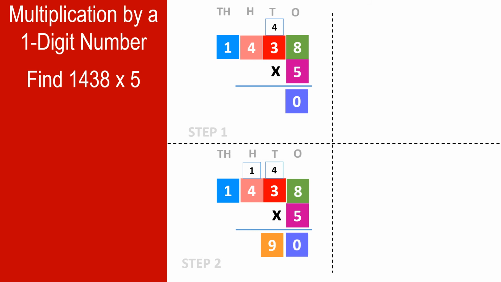So 5 multiply by 3, we can say 5 threes are 15, and 15 plus we have carry over 4. So 15 plus 4, 19. Now from the 19, the 9 will be placed there under tens and 1 will be carried over to hundreds place. Very nice, bacha.